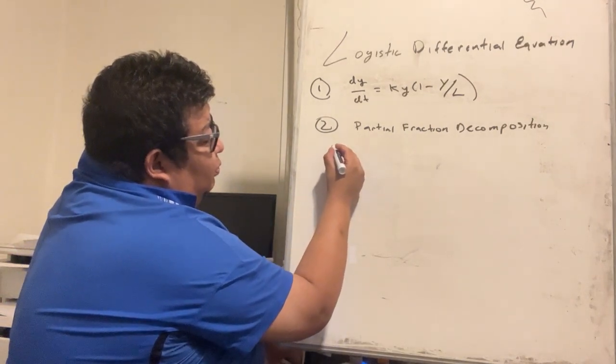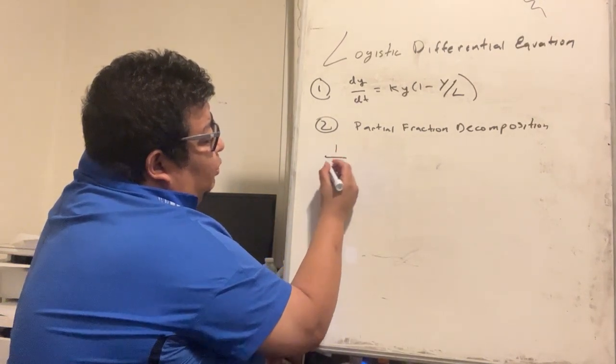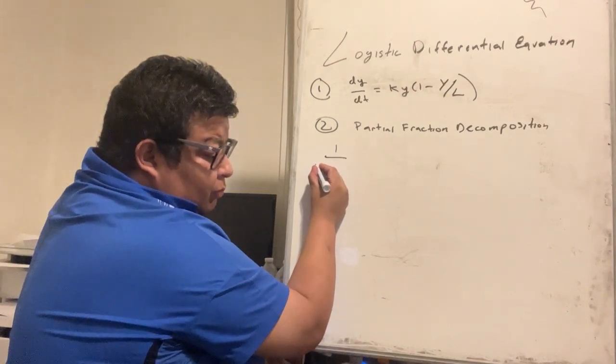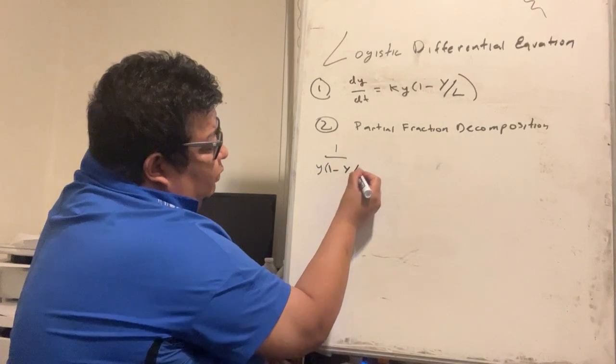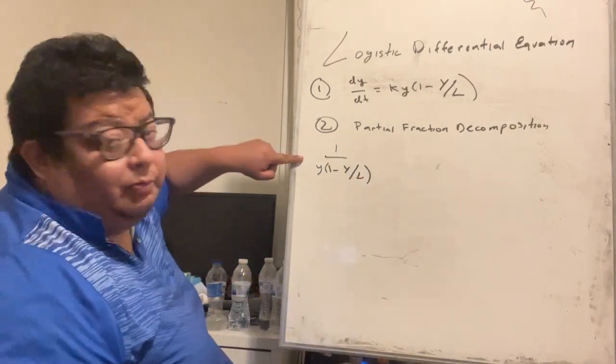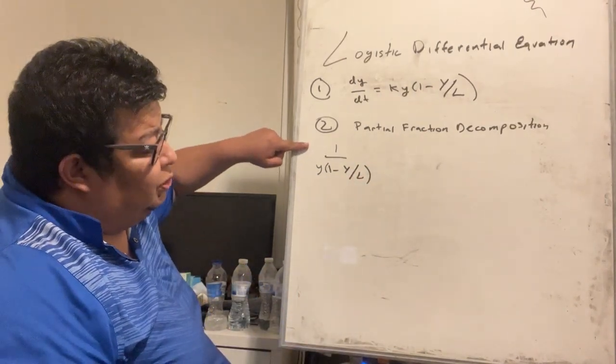So we're going to do 1 over y times (1 minus y over L). We're going to do a partial fraction decomposition of this term.